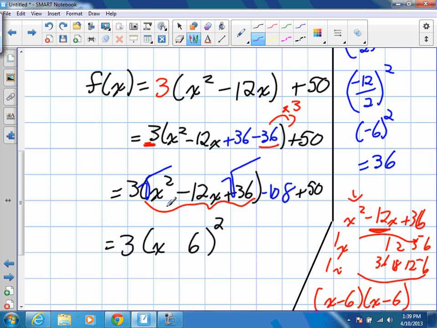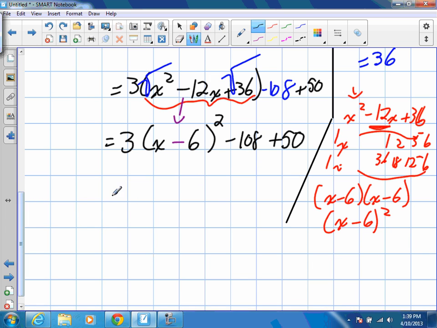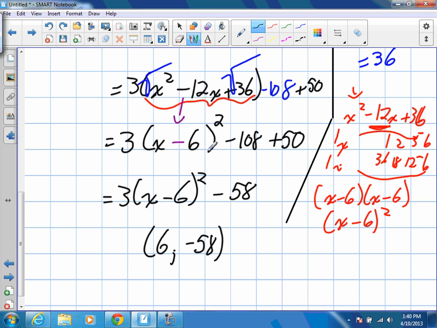It's a negative, so we bring down a negative. We have negative 108 plus 50, so our last step is to simplify what's outside. So we get 3 times (x minus 6) squared, and this will become negative 58. So our vertex is at 6 and negative 58. Okay, so what we've just done is we've changed standard into vertex form. One example.